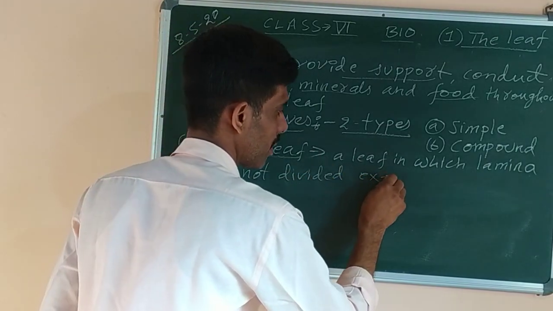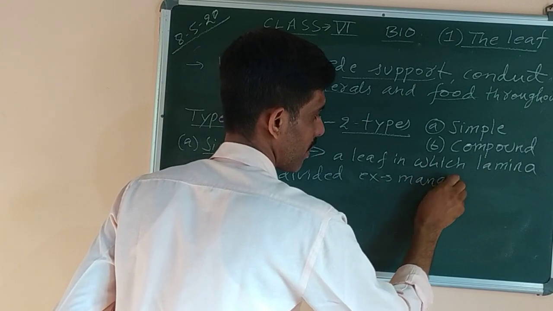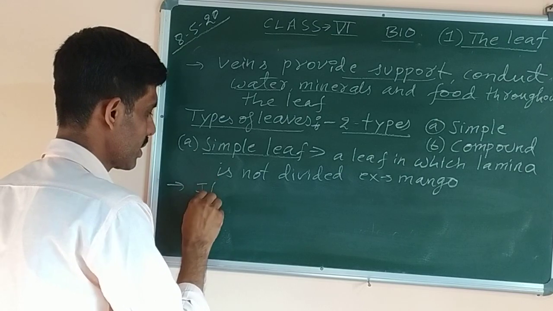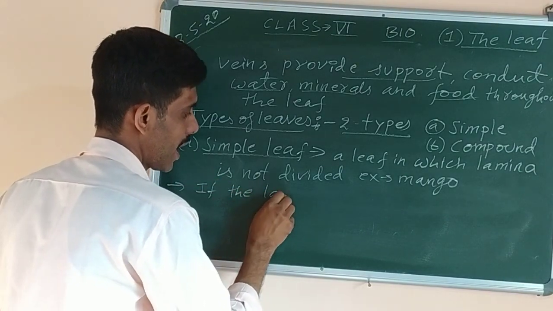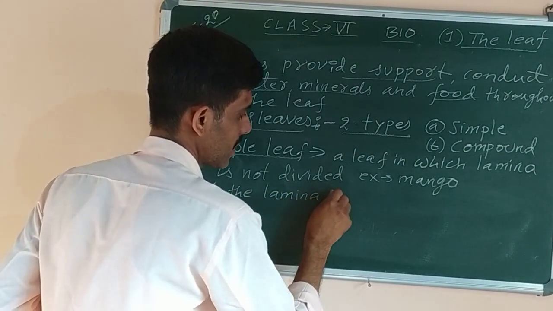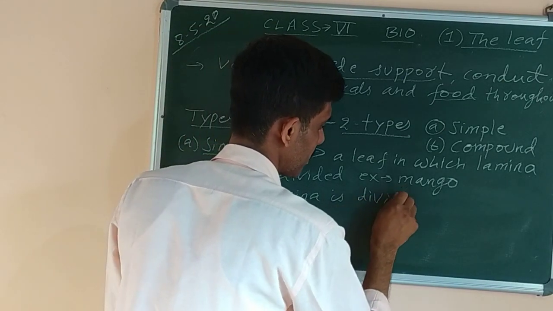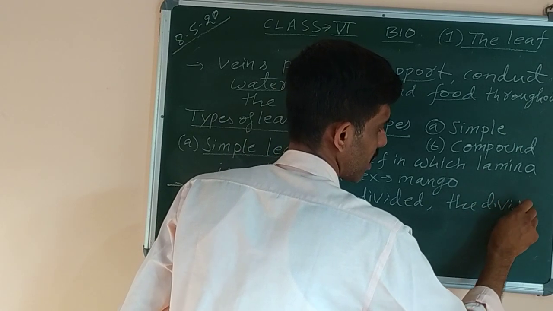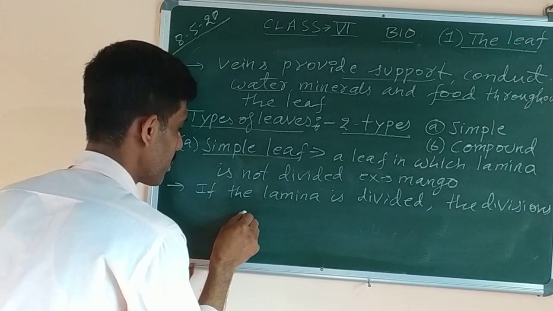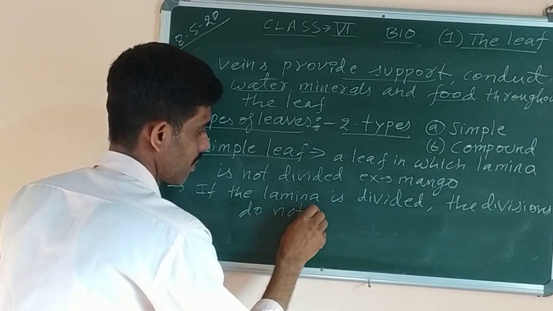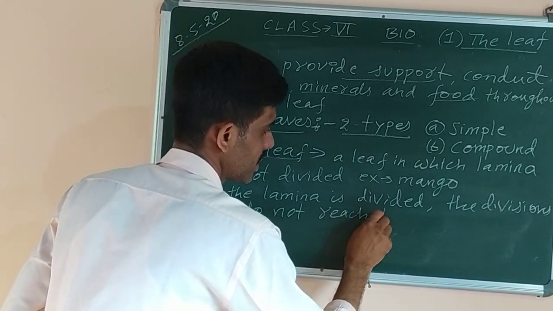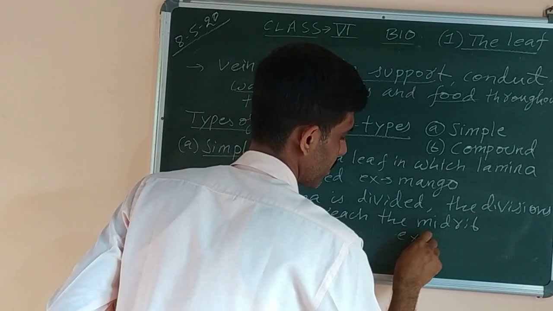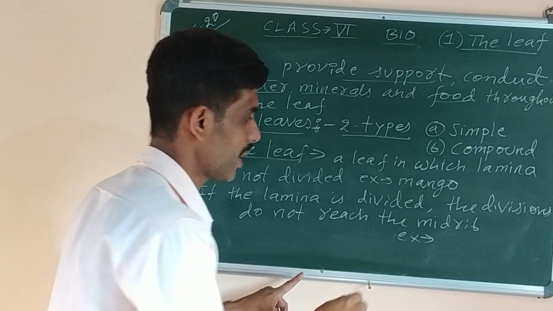And second point, if the lamina is divided, the divisions do not reach the midrib. An example of this type of leaf is the grape leaf.